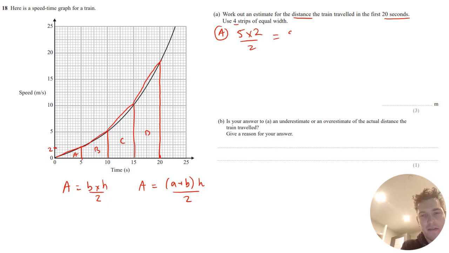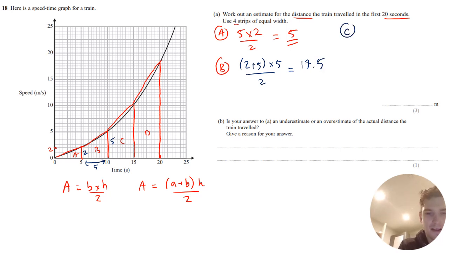Divide that by 2 and I get 5. B, well, I'm going to add my 2 parallel sides. This one is 2 and this one is 5. So 2 plus 5 times my height. The height for all these trapeziums is going to be 5. Divide that by 2 and I get 17.5.